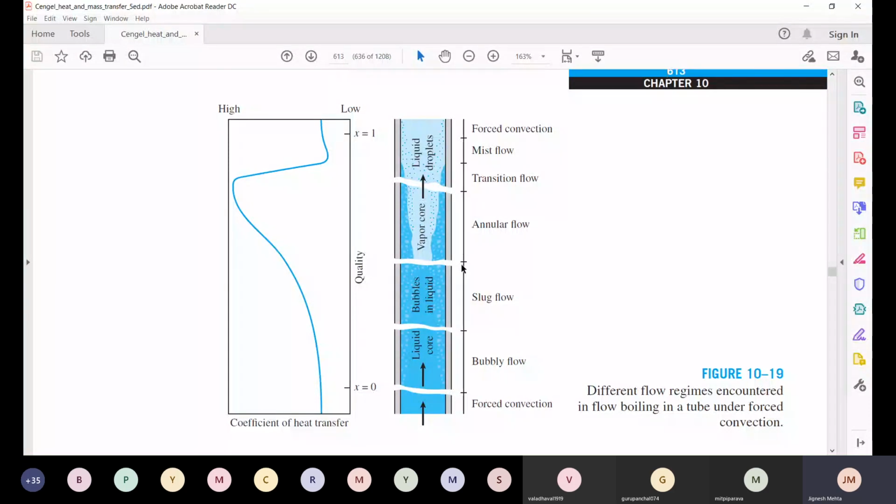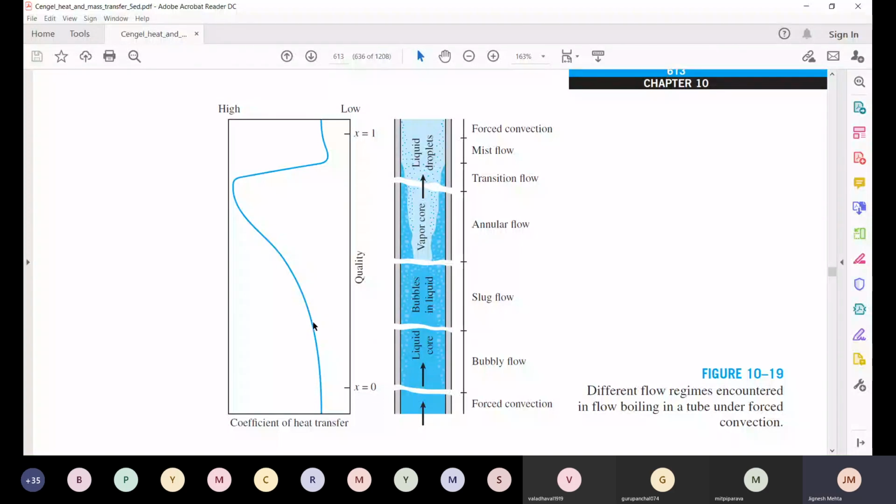You can also see this quality axis shown on the chart on the left hand side. Quality is 0 here when it is a single phase, and it's going to get converted into vapor, complete phase change. So the quality is continuously increasing along the height of the tube. So x is equal to 0 here and x equal to 1 here.